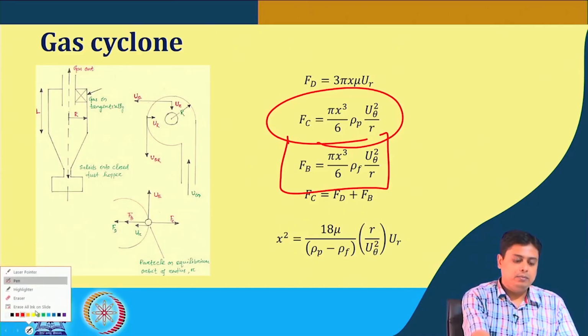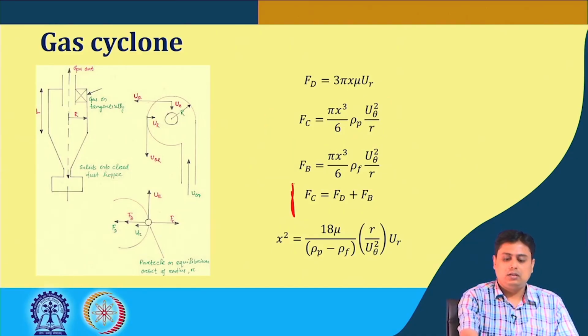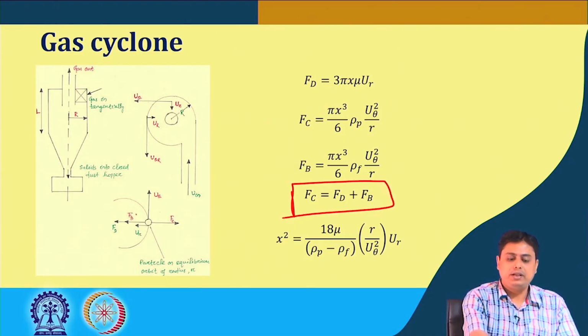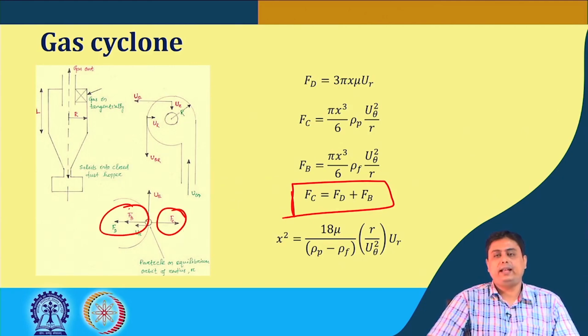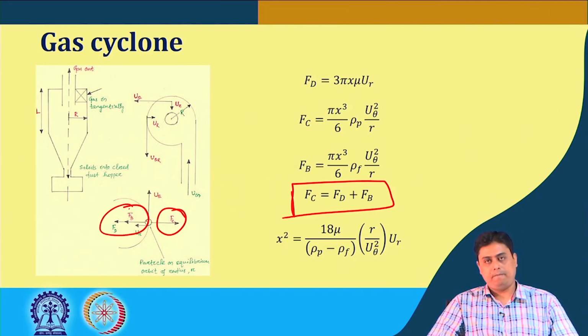At equilibrium, based on the direction of the forces, as I mentioned, Fd and Fb are inward and the centrifugal force is acting outward, which means Fc is equal to Fd plus Fb. C stands for the centrifugal force, D stands for the drag force, B stands for the buoyancy.